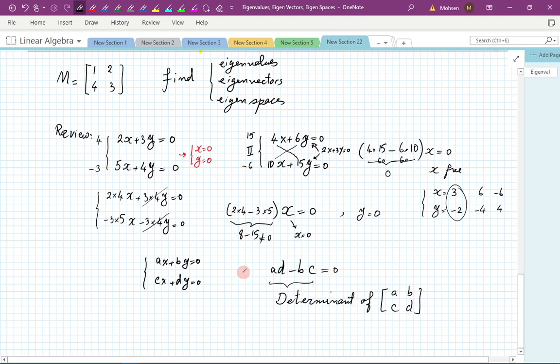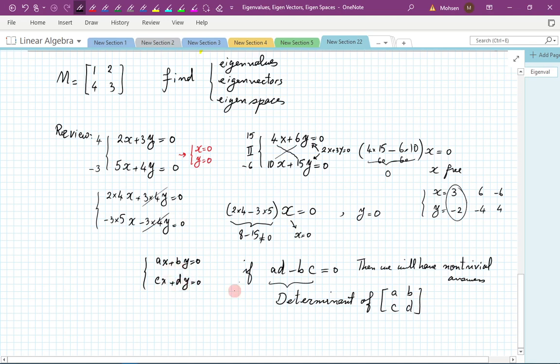We say if AD minus BC is equal to 0, then we will have non-trivial answers. Otherwise, we are stuck with the trivial one, that is x and y have to be 0.